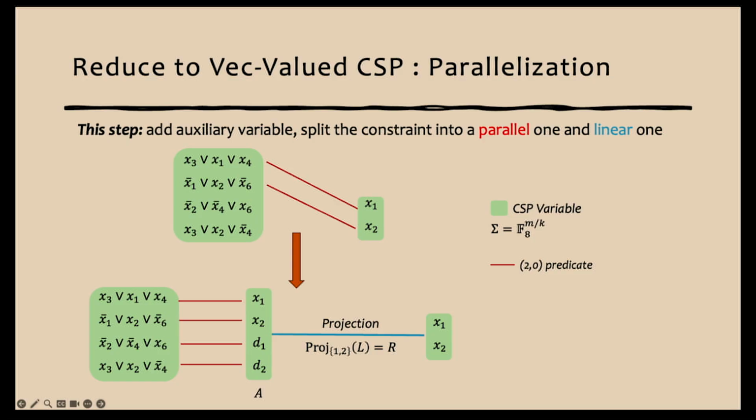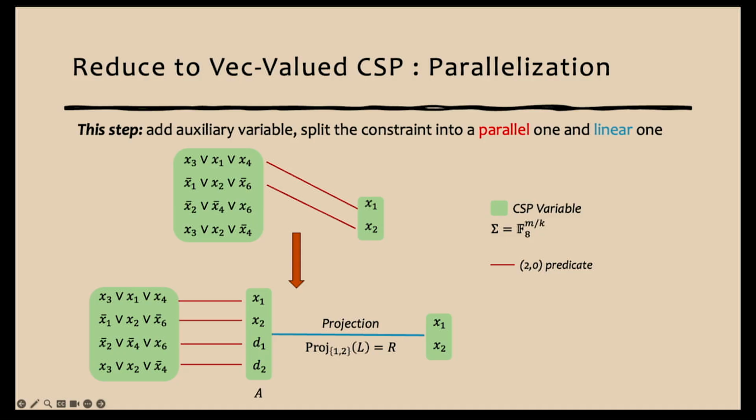And then finally, we just add some auxiliary variables, and we can split the constraint into a parallel constraint and a linear constraint. For example, for these 2 variables, we add an auxiliary variable.